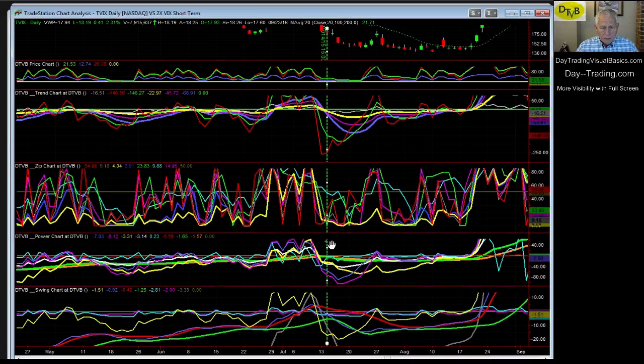You also have in the power chart, power green has crossed under the orange, and that's a very strong indication for the start of a downtrend. And if it's above 0, you know from the formulas that when power green is above 0 and going down, it's not as strong as when it's below 0 and going down.